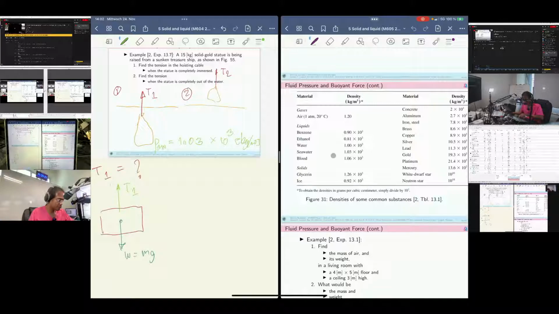They don't have seawater in the first table, but in the second table we can see the seawater density. It's 1.03. We're gonna use this one instead of the ideal case. The density of the seawater would not be exactly the same as the pure water.